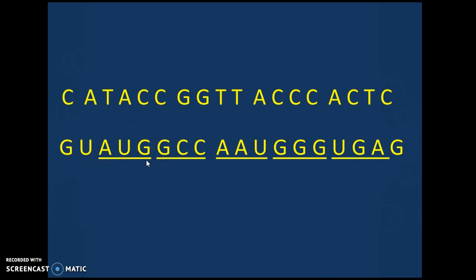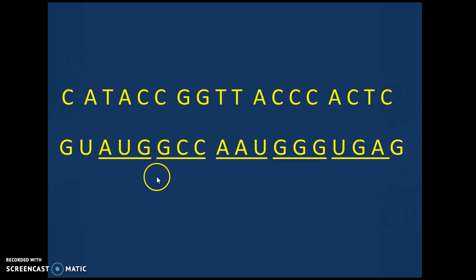The second important part is that you'll notice that we're not underlining our first codon here at the beginning of our strand, but instead a little further in. And the reason for that is that all messenger RNA has some extra RNA at the beginning and the end that is not part of the gene that needs to be translated into a protein.